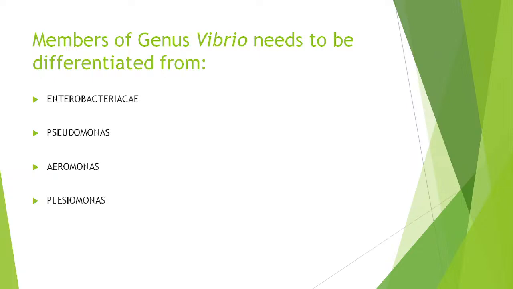Aeromonas infections have a spectrum just like Vibrio species. It can cause intestinal as well as extraintestinal infection. It is also facultatively anaerobic and oxidase positive. So Aeromonas also needs to be differentiated from Vibrio species in the clinical lab.